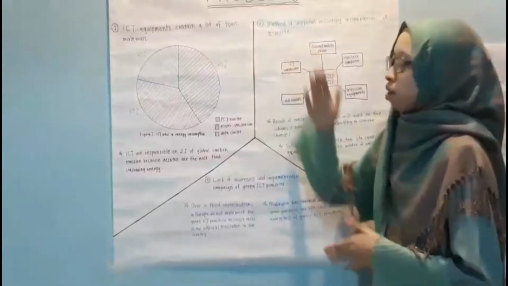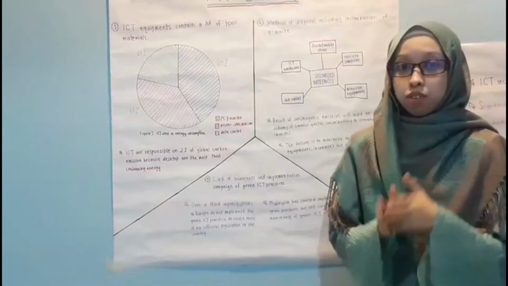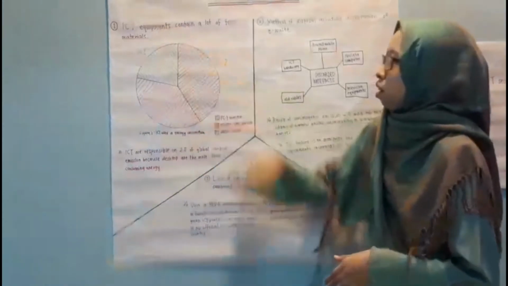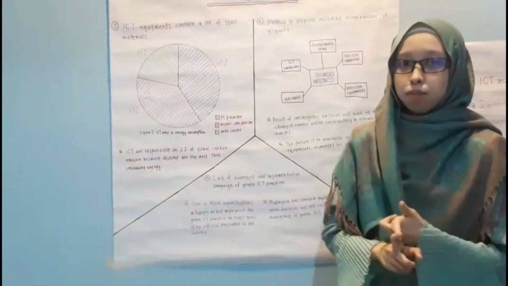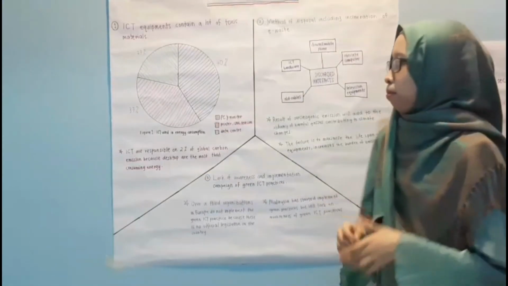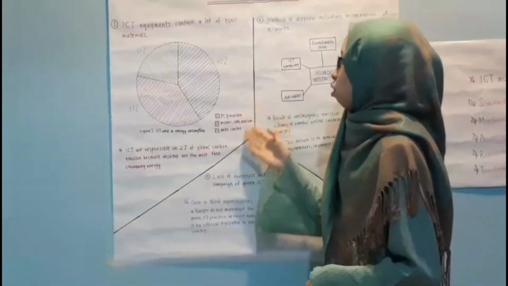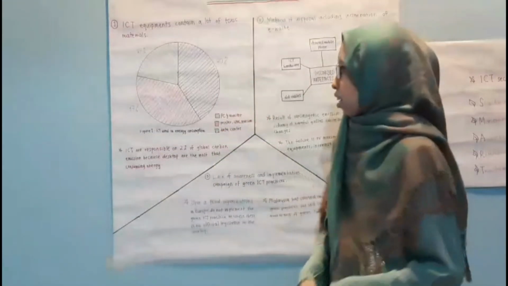So, the problem for the use of ICT in renewable energy for reducing carbon footprint is, first, ICT equipment contains a lot of toxic material such as lead, chromium, and mercury. Based on figure 1, PCs and monitors consume 40% of energy.